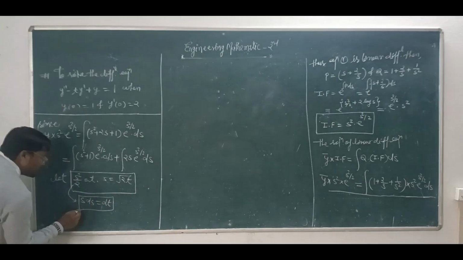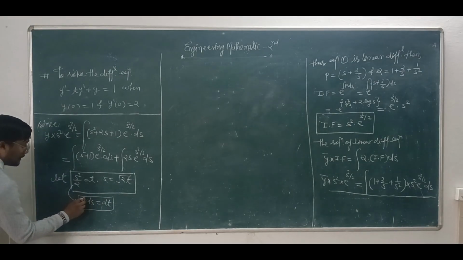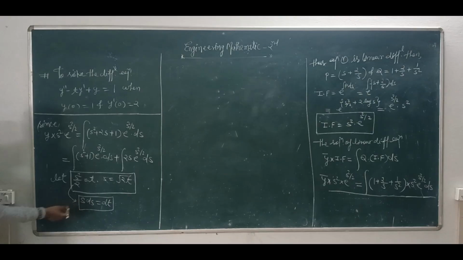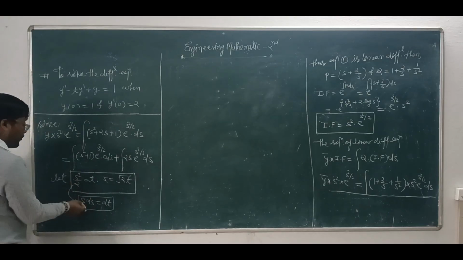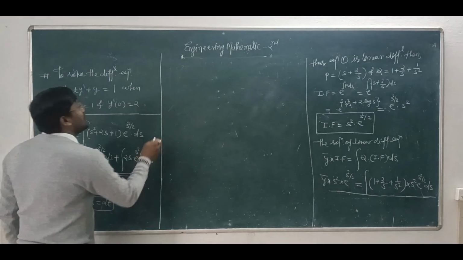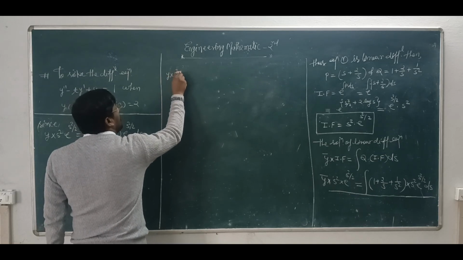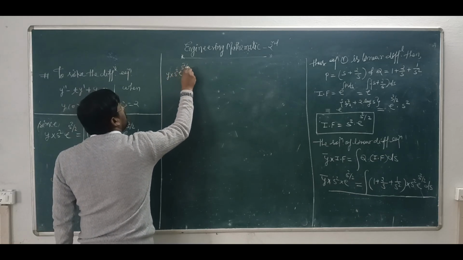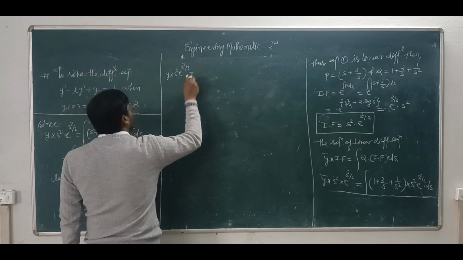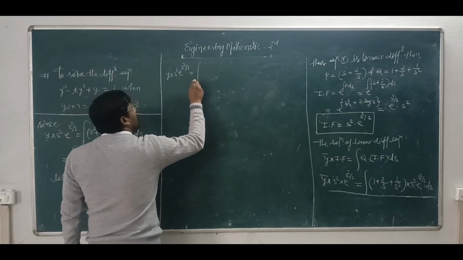S ds is equal to dt. You can write, now again, I am putting this value in this function. This means y bar into s square e to the power s square by 2 is equal to the integral.